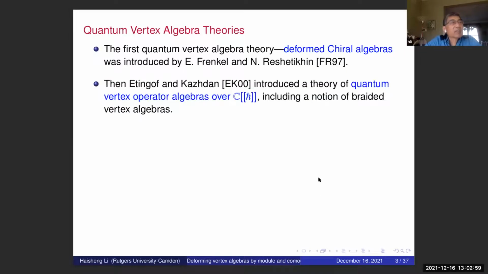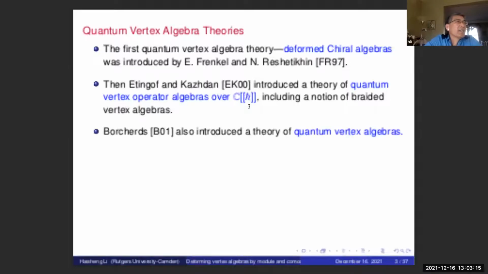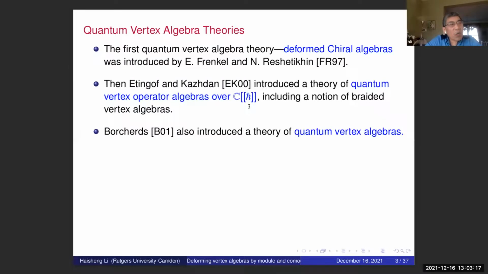Then Etingof and Kazhdan, around 2000, introduced the notion of quantum vertex operator algebras. The key thing to mention is that this is the h-adic version. Then in 2001, Borcherds also introduced a notion for that.